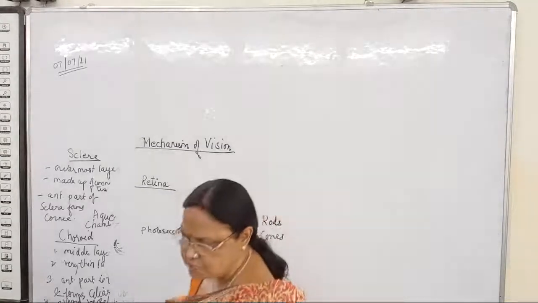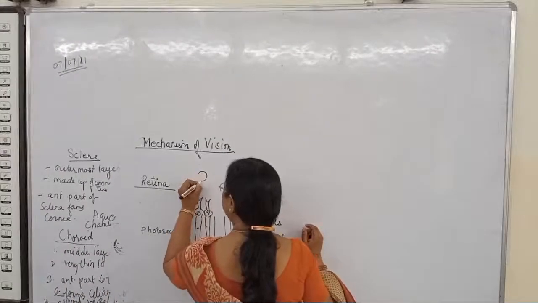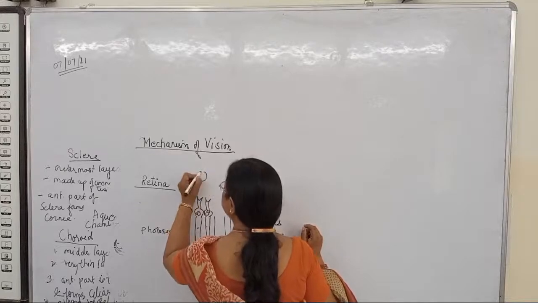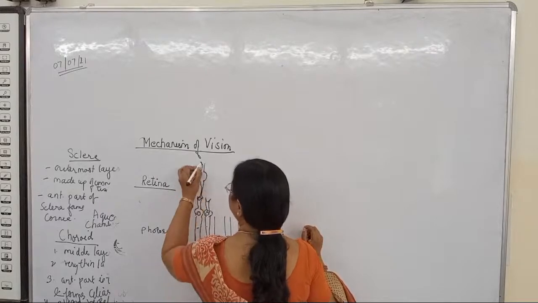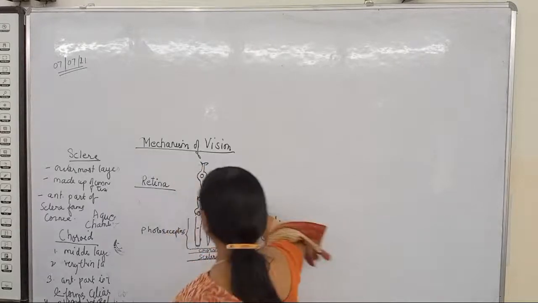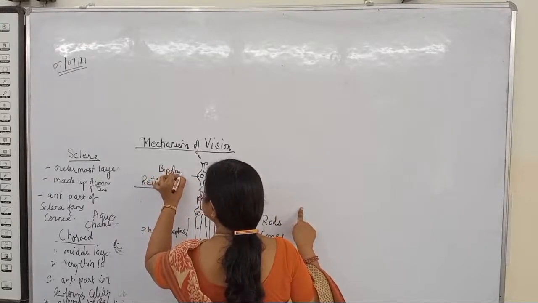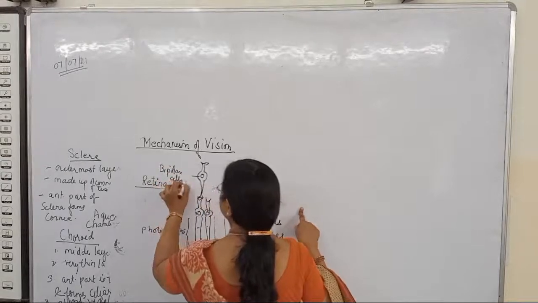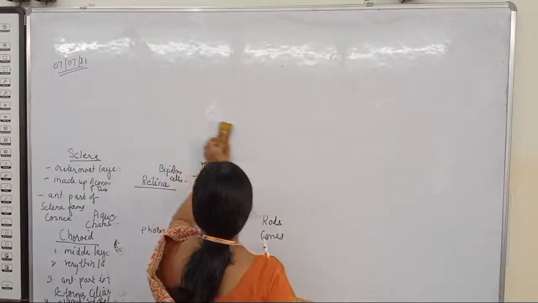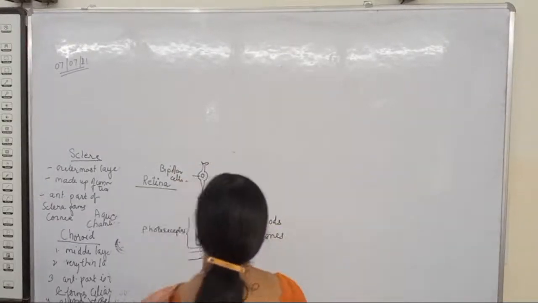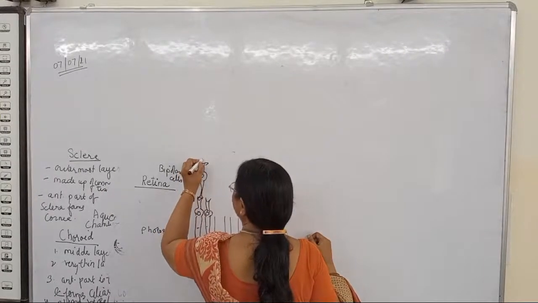And then above this you will have the bipolar neurons. So next you have the bipolar neurons. I told you that bipolar cells have one dendrite and one axon. They have one dendrite and one axon, and these are the bipolar cells. They are mentioned in the books. So bipolar cells are there, and then you have ganglion cells.